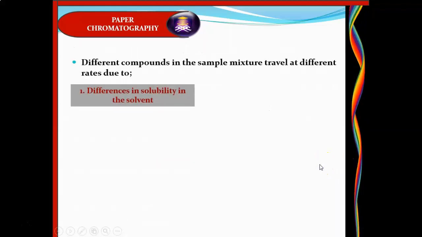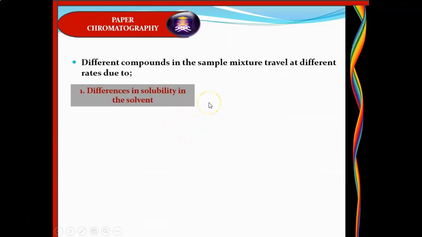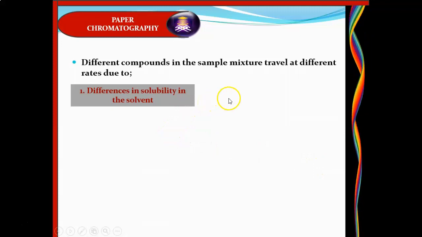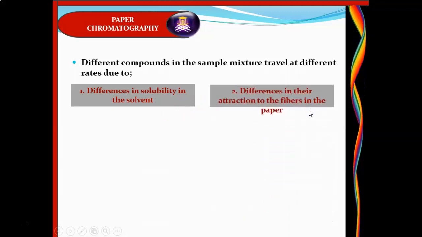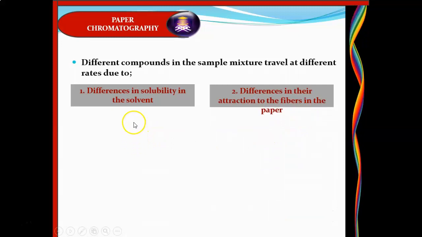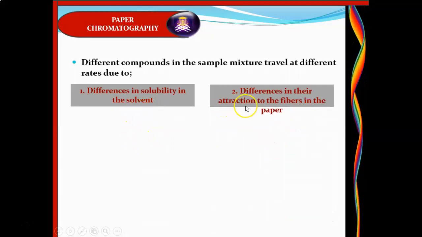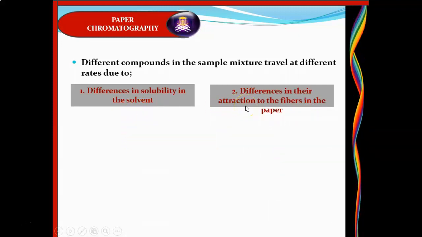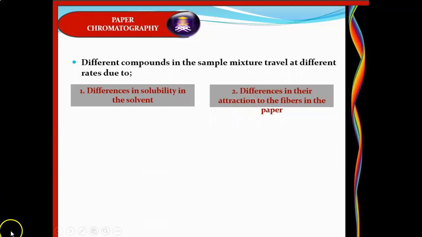Different compounds in the sample mixture will travel at different rates, due to the differences in solubility in the solvent and also due to the difference in their attraction to the fibers in the paper.